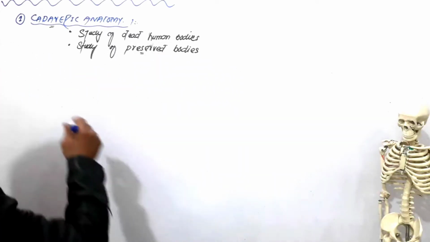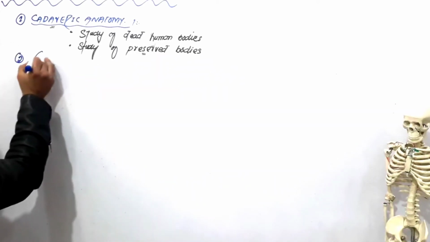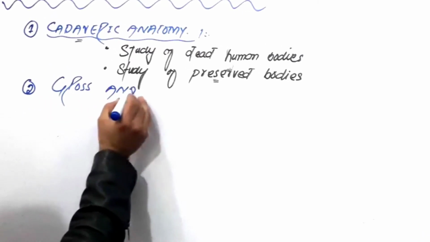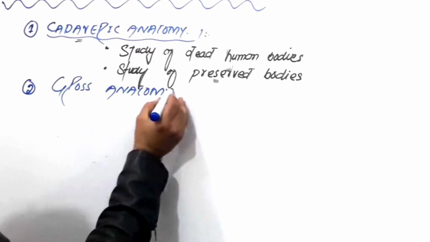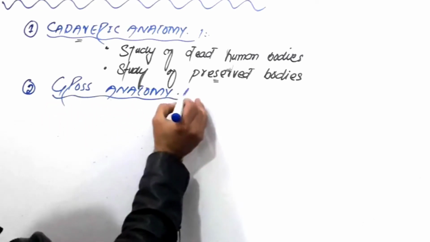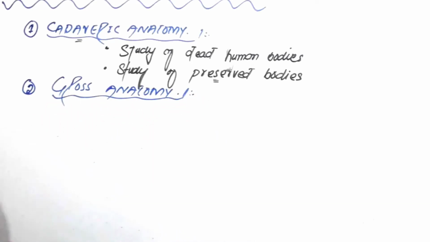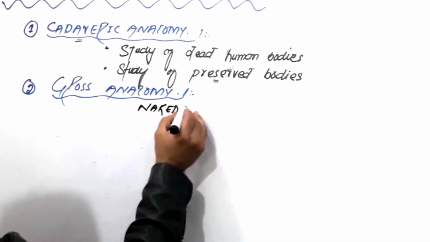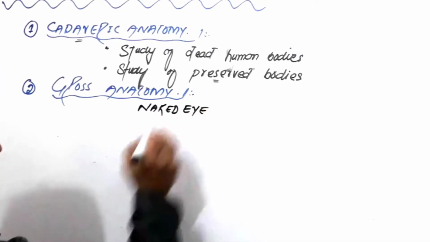Then the second branch is gross anatomy. What does gross mean? Gross means large. Gross means naked eye. So look carefully.